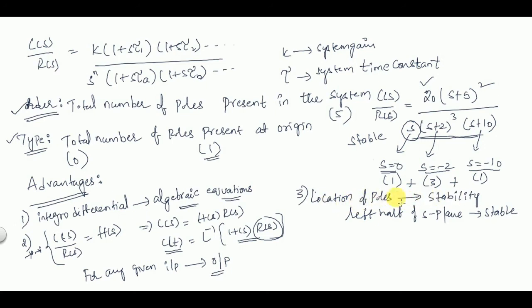So stability can be commented on based on the location of poles, and the location of poles is in turn obtained from the transfer function. So this is the next advantage. All these are the advantages of transfer function.